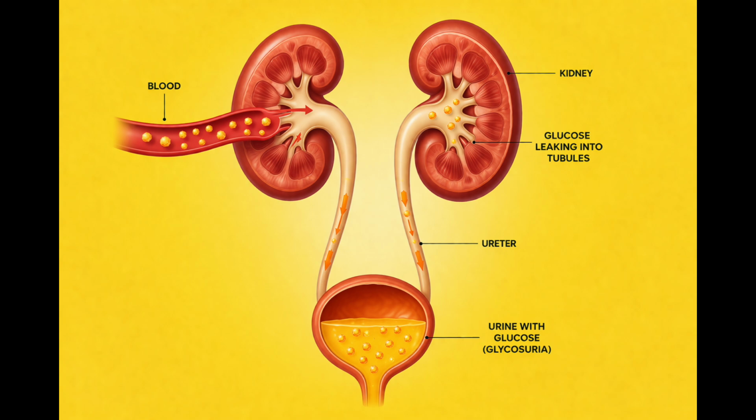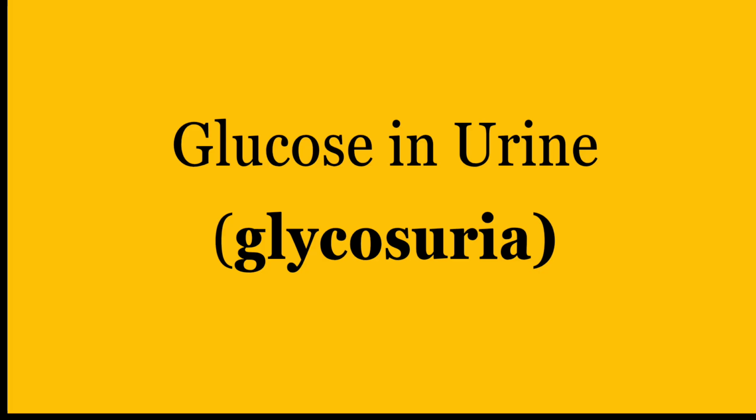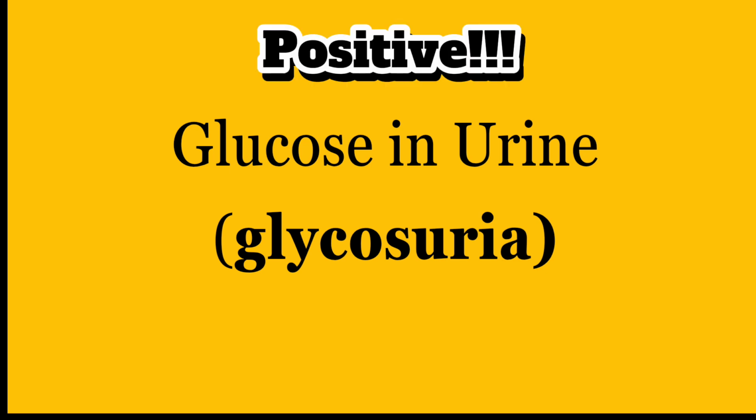It will reabsorb as much as it can, and then it will just let the rest pass through. Therefore, there will be presence of glucose in the urine, and this is called glycosuria. That is why once you test a patient who has diabetes, once you test their urine for glucose, you would see the presence of glucose. This is how it occurs.